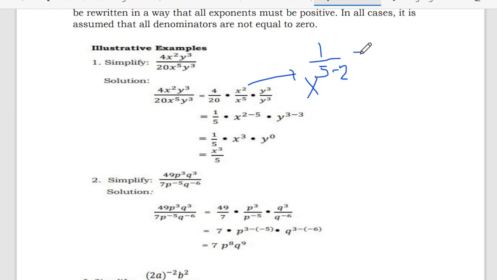This must become 1 over x cubed. While this one is a 0 exponent, which is equal to 1. So therefore, your answer, this is wrong. This must have a 1 over. Give me a few seconds, let us erase first.